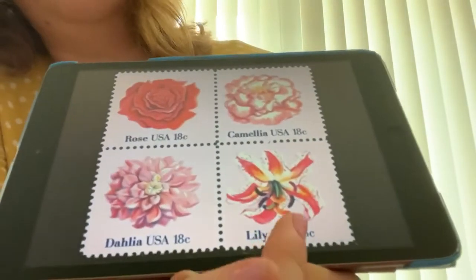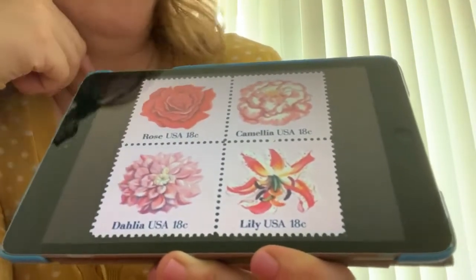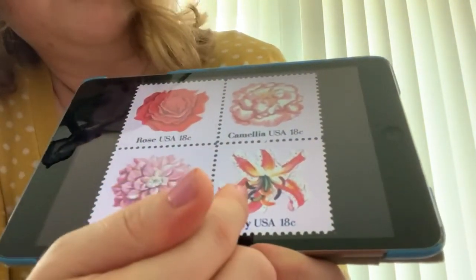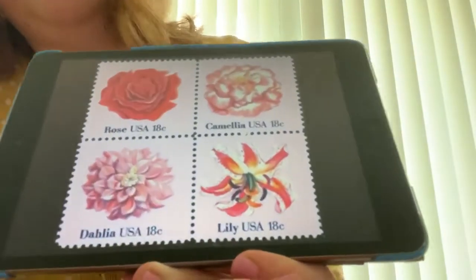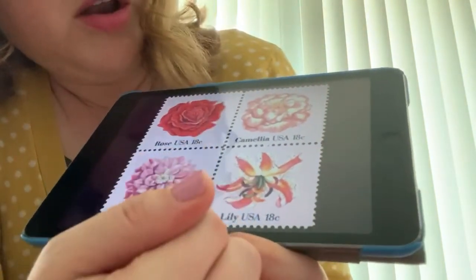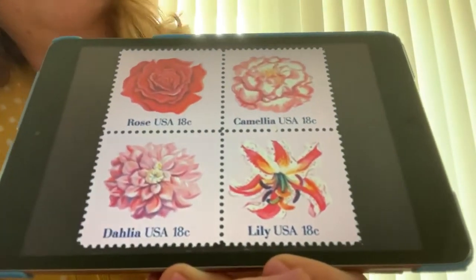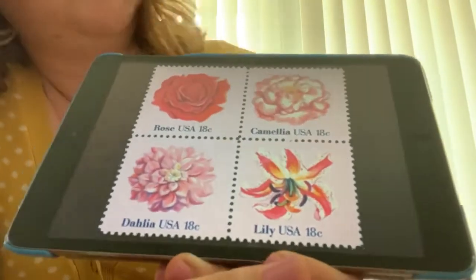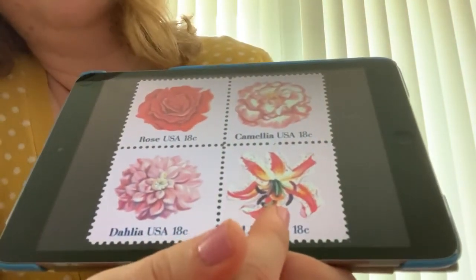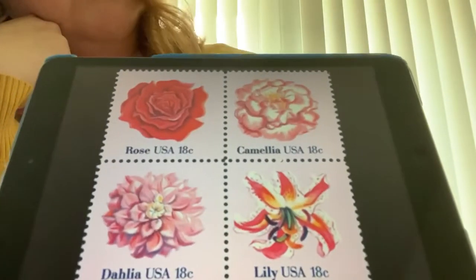The lily is different from the three other flowers because look how its petals are a little longer and kind of pointier. It also has some green on it here and some kind of orange, and the other flowers don't have those colors too. So that's one way that the lily is different from the other three flowers on the stamps.